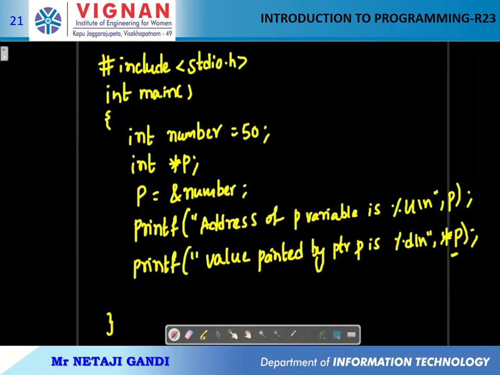So like this you can display the address and also the value using pointer p.